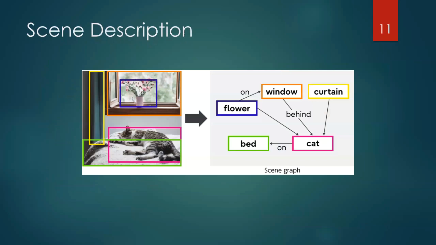So here we have an example of what a scene graph is. A scene graph is a data structure that allows the description of objects, attributes, and their relationships, allowing a coherent and comprehensive description of visual scenes. For instance, in this image, we have a flower that is on a window, and that window is behind a cat, and the cat is on the bed.